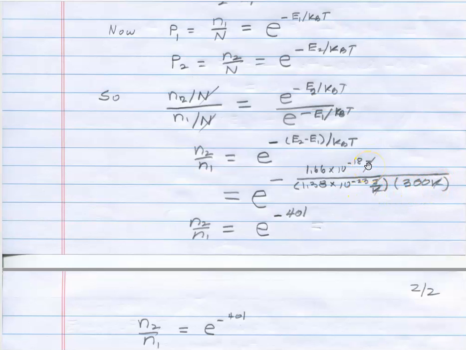It has to. Anything that's an exponential raised to a power has to be dimensionless up here. When I calculated this, I got minus 401, and my calculator did that fine. But then when I tried to plug e to the minus 401 into my calculator, and you may have a better calculator than I do, it didn't give me an answer.